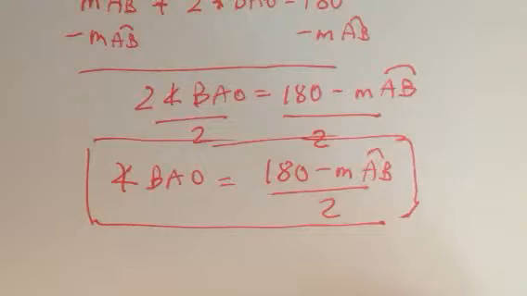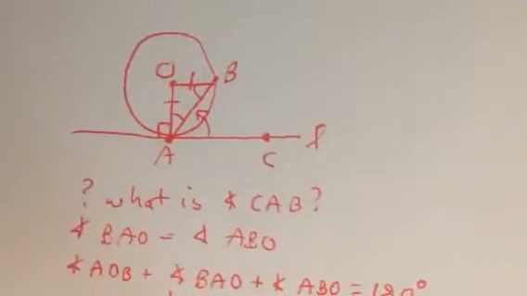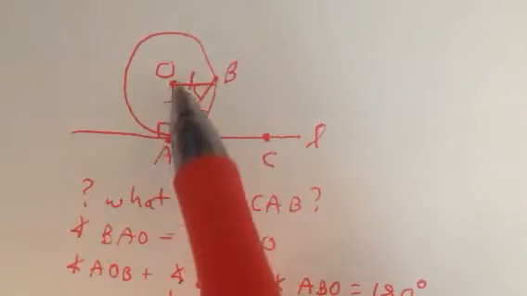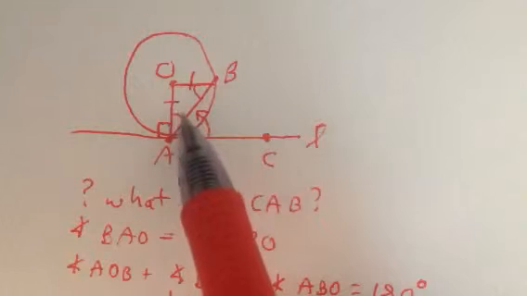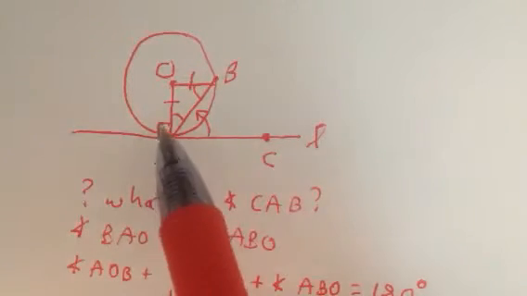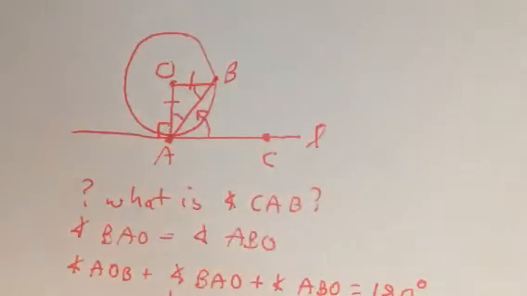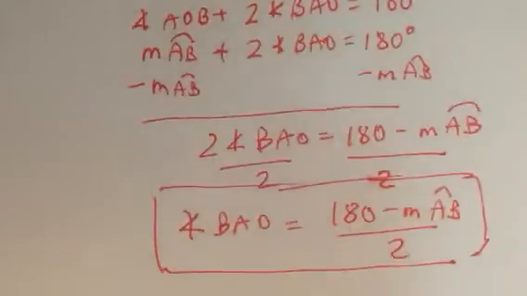In order to figure out how to use this result, though, we have to go back to our diagram and notice that angle BAO, which we've solved for, is this angle, the base angle of the triangle. And that angle plus BAC will give us 90 degrees because we know that there's a perpendicular here. So now we know that BAO plus BAC is equal to 90.